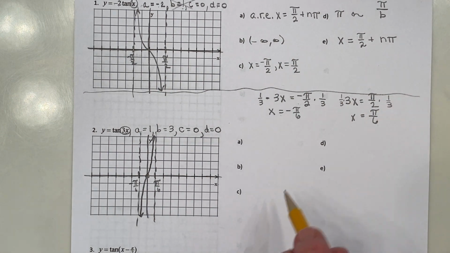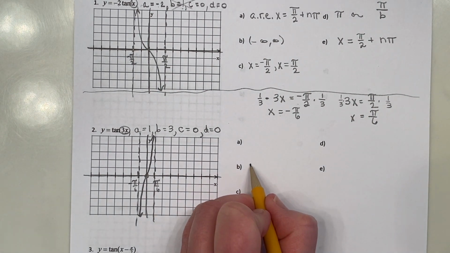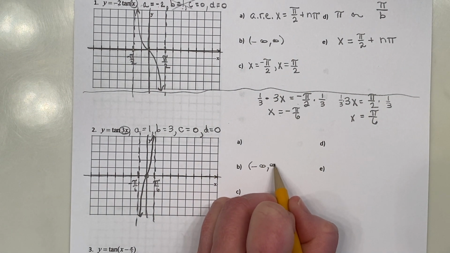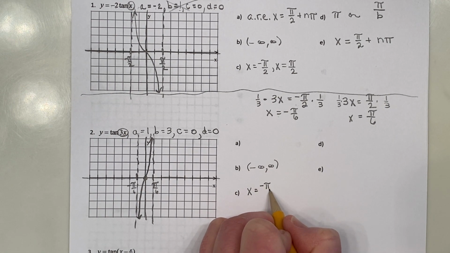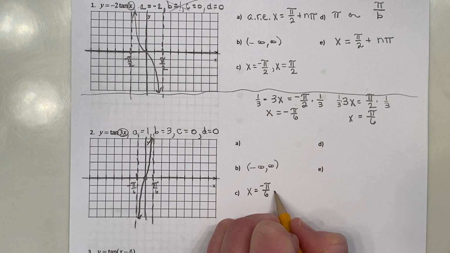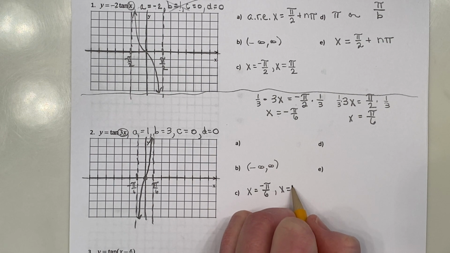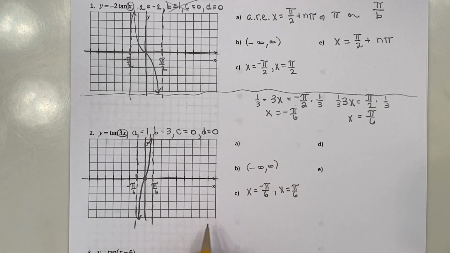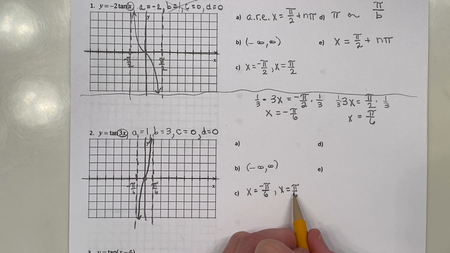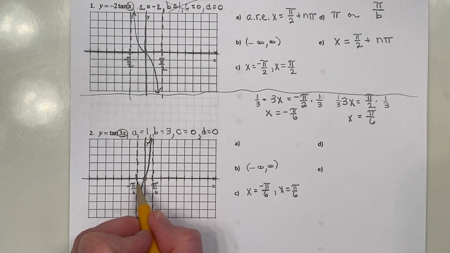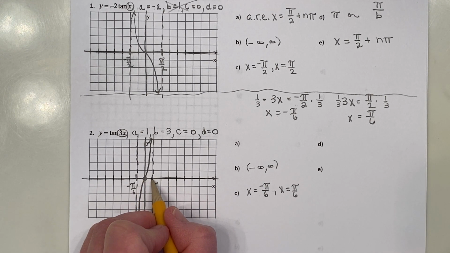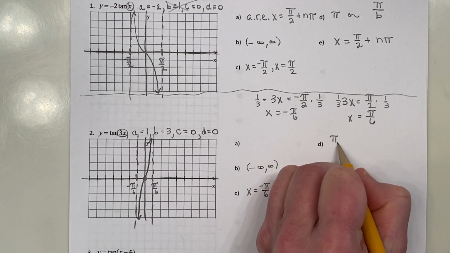All right, we're going to state all these items over here. I start with the range. The period begins right after x equals negative pi over 6 and ends right before x equals pi over 6. If I were trying to find the horizontal distance between these two consecutive vertical asymptotes, this would be 2 pi over 6, which reduces to pi over 3.